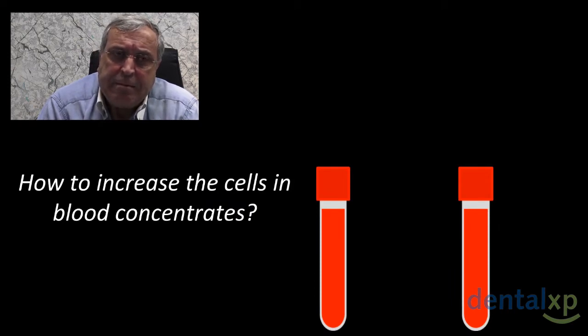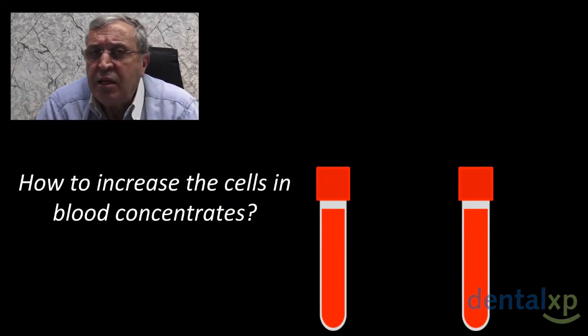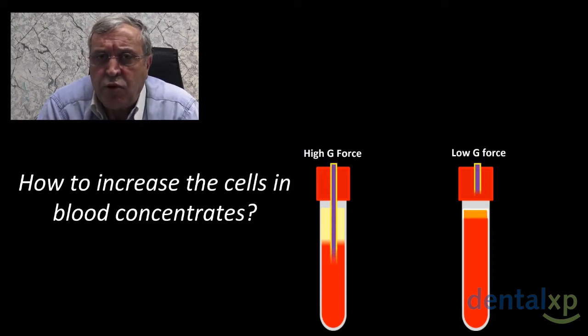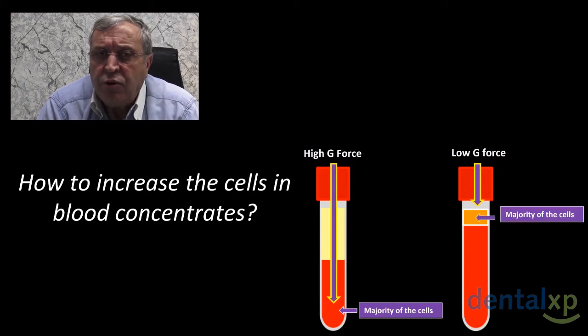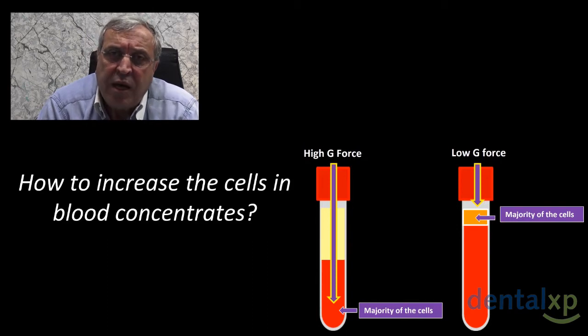Then, can we increase the cells in the blood concentrate? If we take 2 tubes and we apply 2 different G-forces, we can understand that with high G-force we push the majority of the cells into the bottom. And if we reduce the G-force, we can keep more cells at the top of the tube.